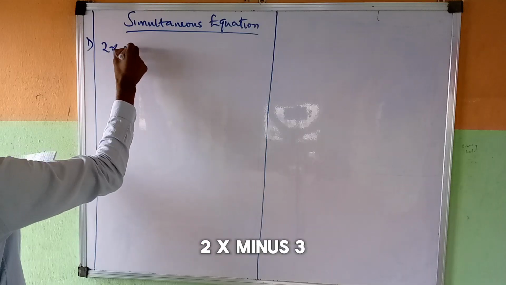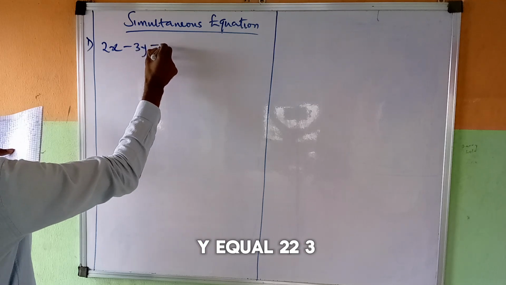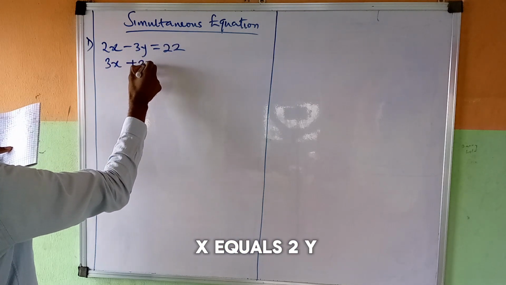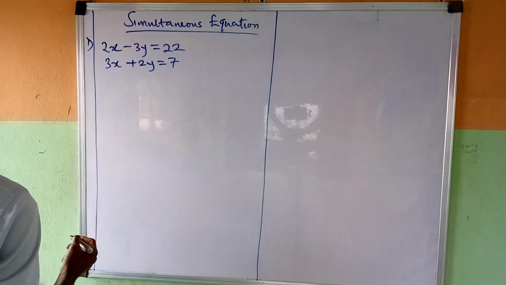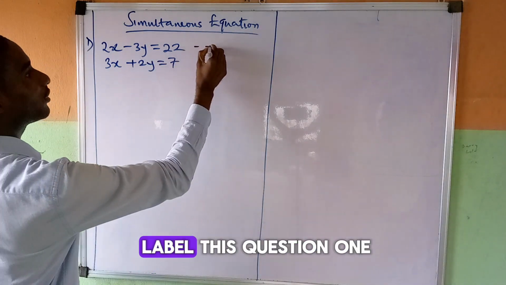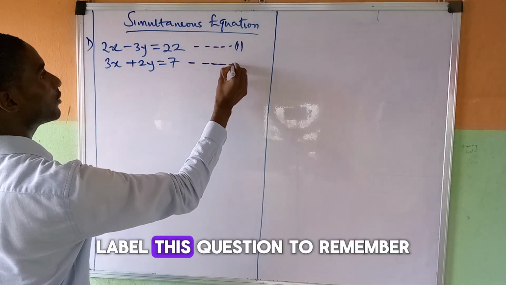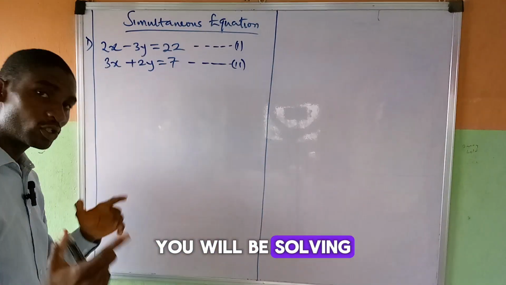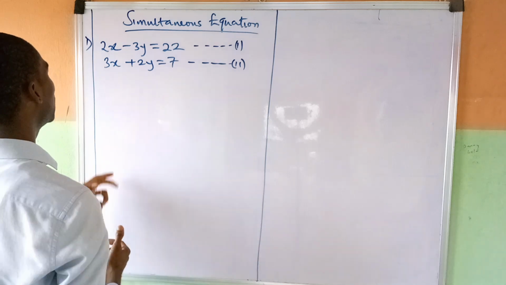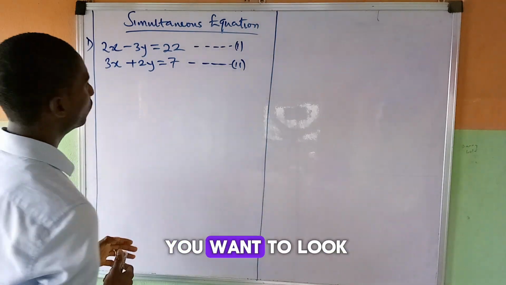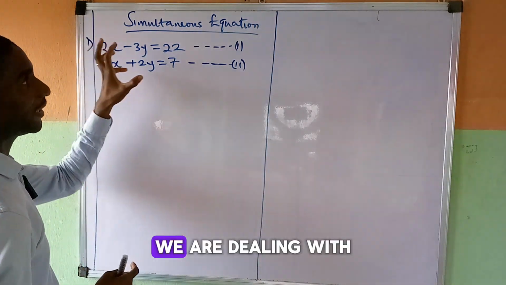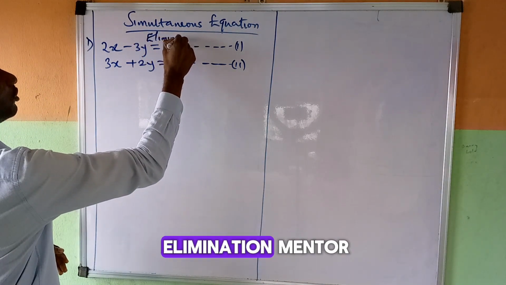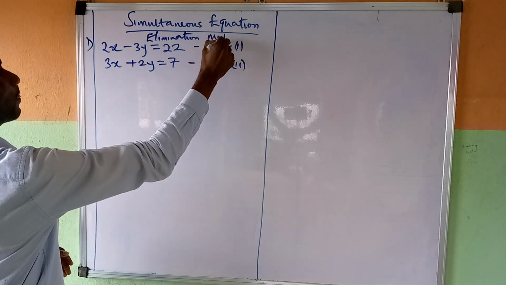Come with me. 2x minus 3y equals 22, 3x plus 2y equals 7. The first thing you want to do is to label this equation 1 and this equation 2. Remember, simultaneous means you will be solving two equations at the same time.